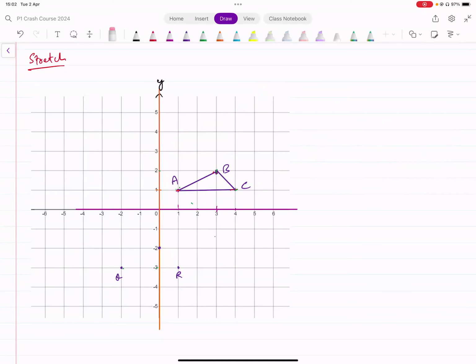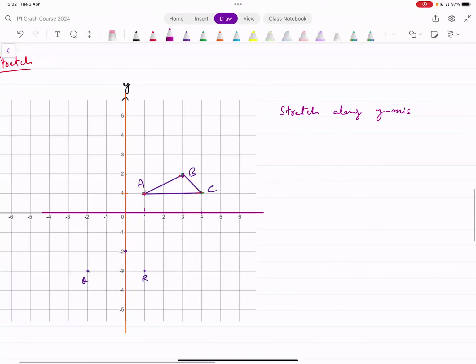Let me just erase this diagram first. So we have this triangle ABC. And now let's say we want to stretch ABC along y-axis, or you could also say vertically.